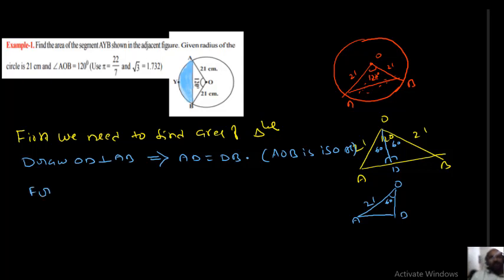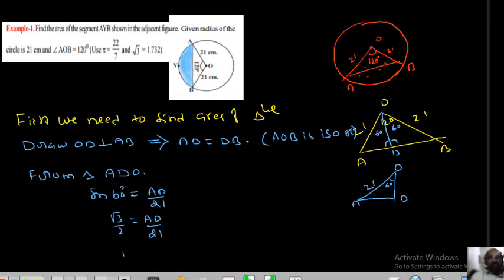From triangle ADO, find sin 60 first. Sin 60 is opposite side AD over hypotenuse 21. Root 3 by 2 equals AD by 21. So AD equals 21 into root 3 by 2.